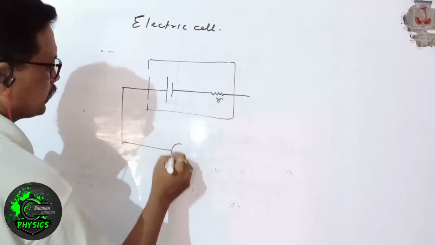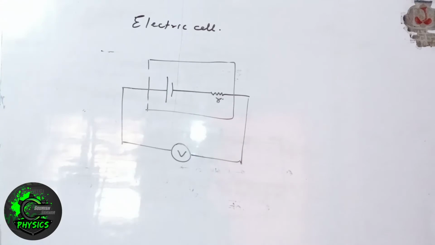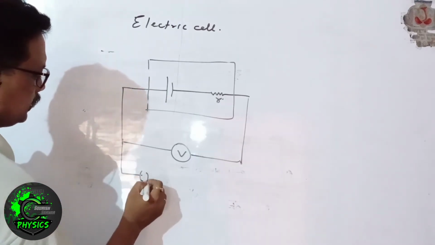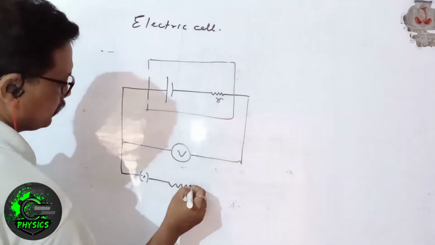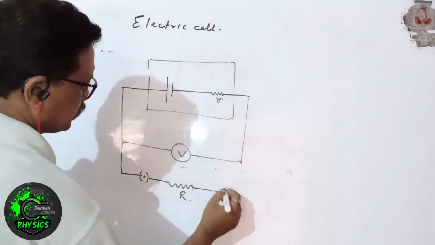It is connected to a voltmeter, and across a key, an external resistance capital R, and an ammeter A connected to the circuit.